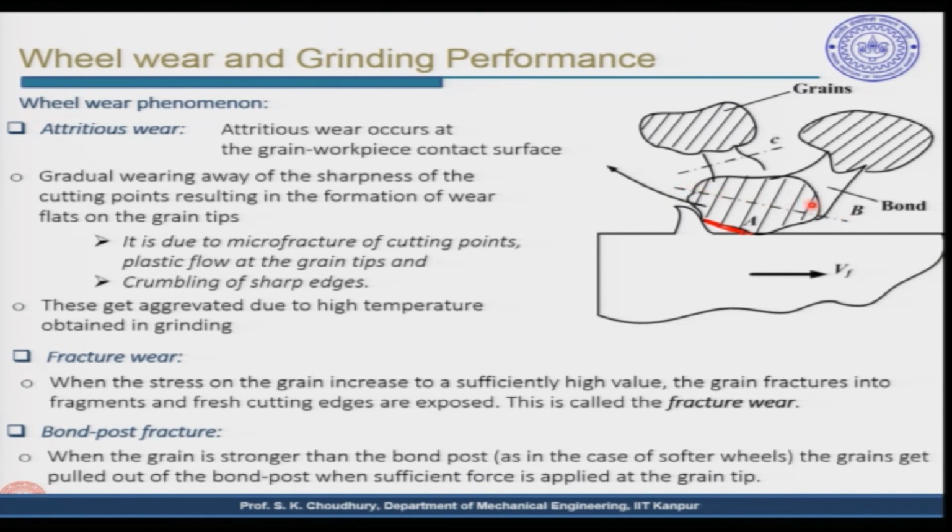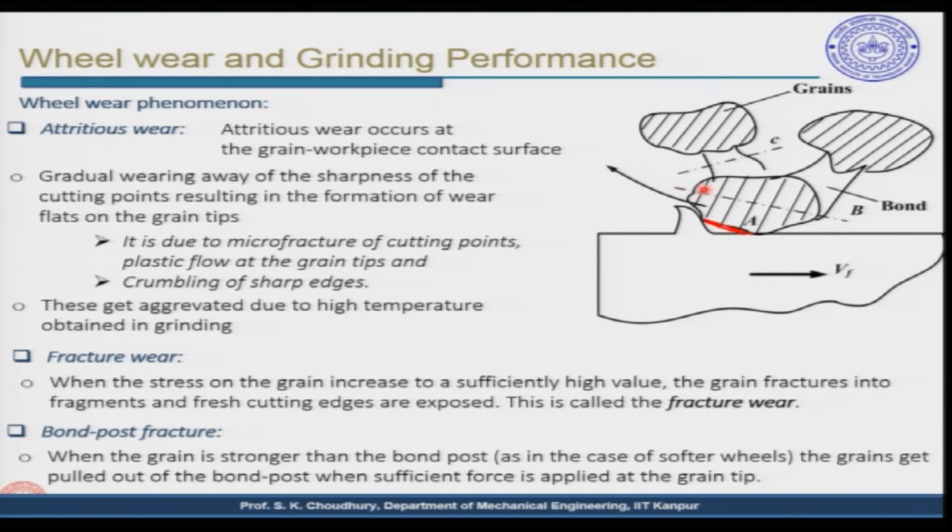Now, in case the grain is stronger than the bonding material and the bond is weaker, the grain can be pulled out from the bond, and this is called the bond post fracture. That means, instead of the grain breaking here, the grain can be pulled out from the bond post, and that is called the bond post fracture.